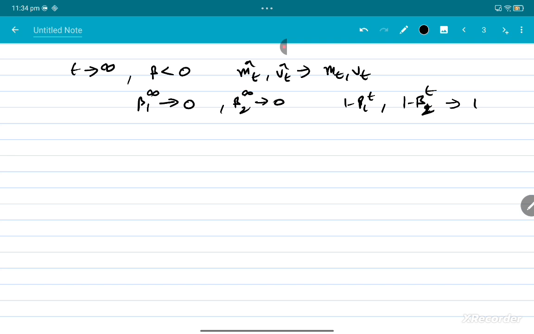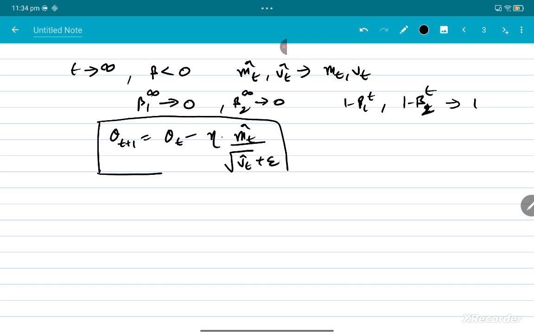The next step is how we can update our parameters based upon these two moments. The parameters theta at the upcoming time step t plus 1 is equal to theta t minus some learning rate multiplied by the first moment divided by the square root of the second moment plus epsilon. This is our update rule.